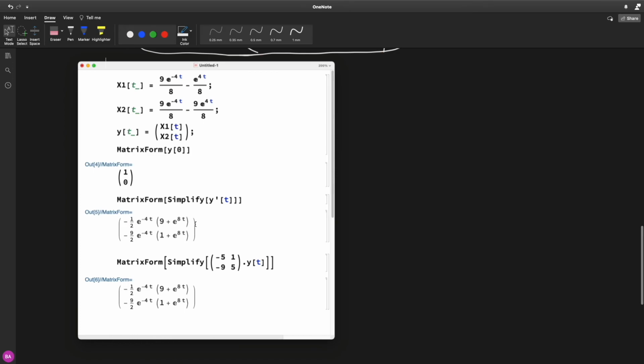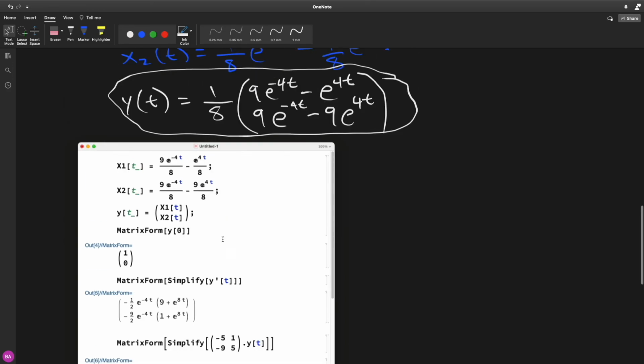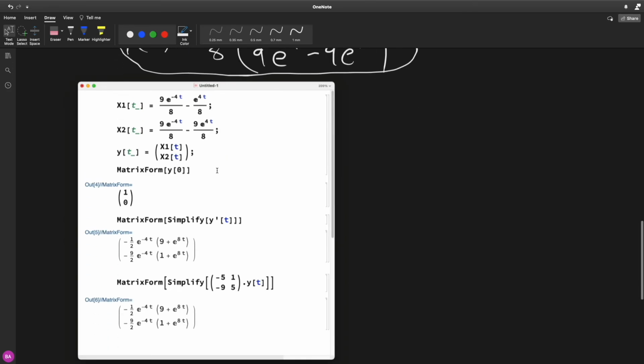So that's our first derivative of y. If we multiply y times our matrix, we get the same solution here: negative 1/2 e to the negative 4t times 9 plus e to the 8t, and the second component is negative 9/2 e to the negative 4t times 1 plus e to the 8t. So our solution is a valid solution for our IVP.